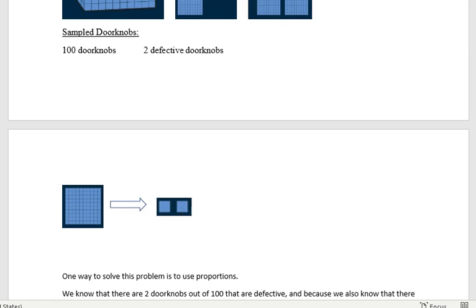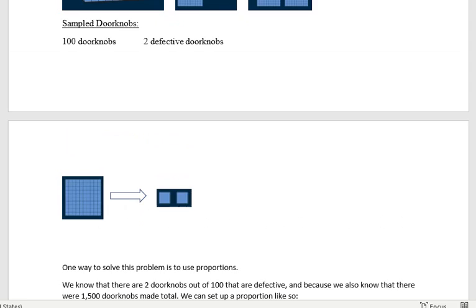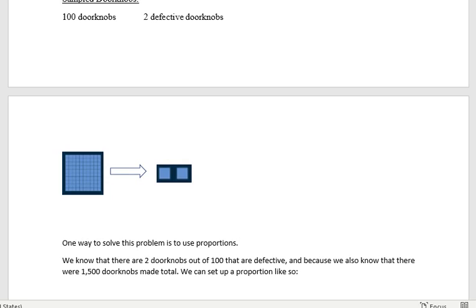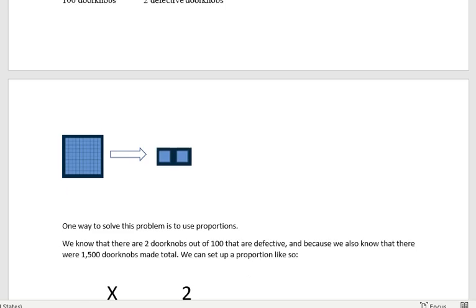So now that we have a picture, we must begin solving the problem. One way to solve this problem is through proportions. If we know that 2 out of the 100 doorknobs that were tested are defective, and because we know that there are 1,500 total, we can set up a proportion like so.